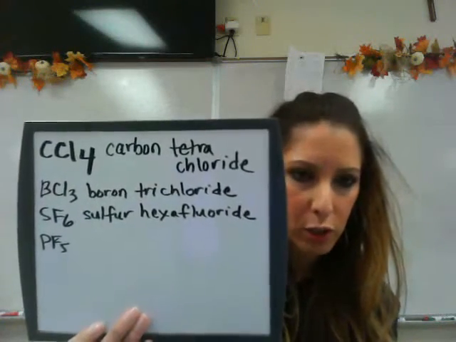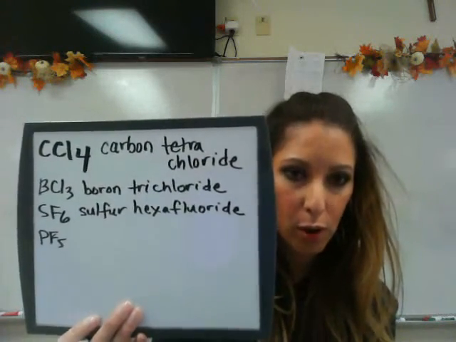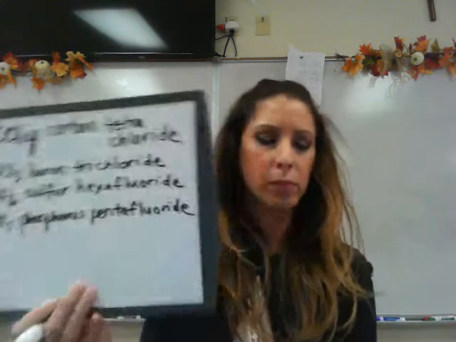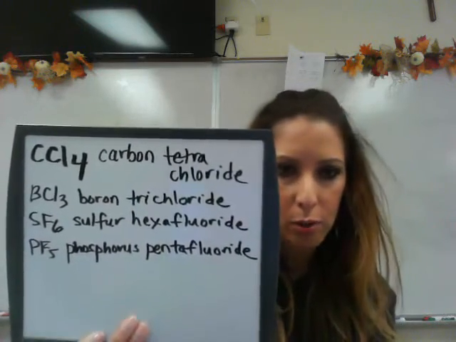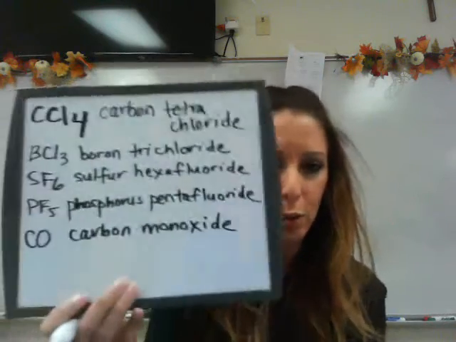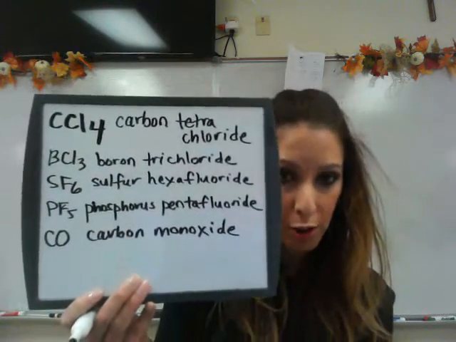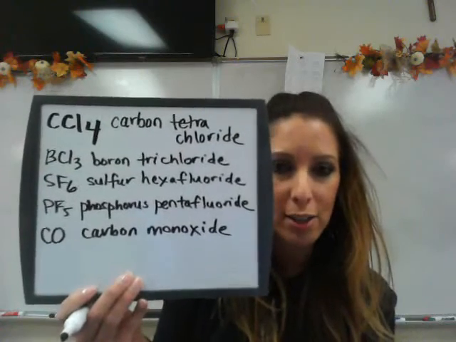This is phosphorus pentafluoride. And then the last one is CO, which is carbon monoxide. So this was the opportunity to use mono because you can only use mono if there is one oxygen.